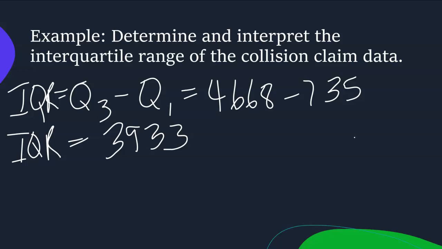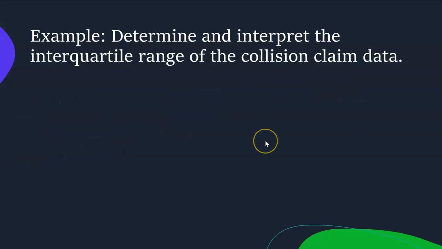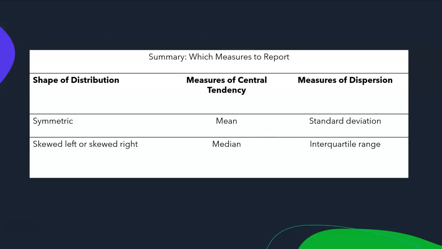Now, there are some standard rules as to when we use this versus using standard deviation. And I believe I have a chart here. Yeah. So this chart tells us which measures we report, and this is all based on the shape of the distribution. So if our distribution is symmetric, then the best measures to use are the mean and the standard deviation.